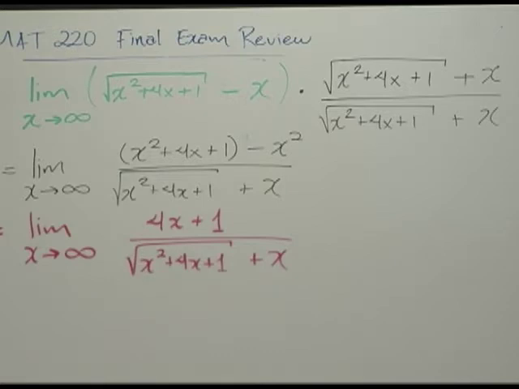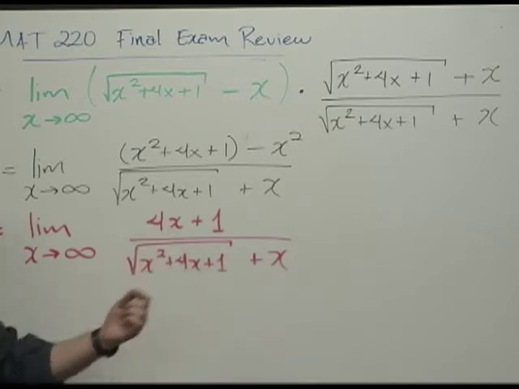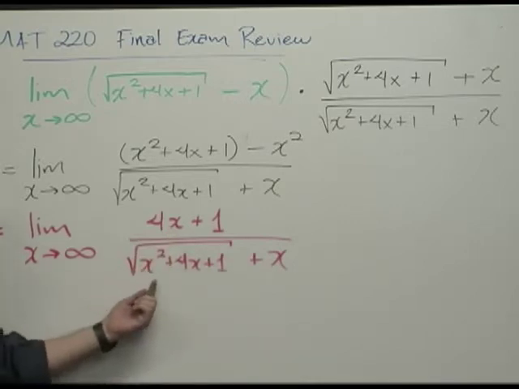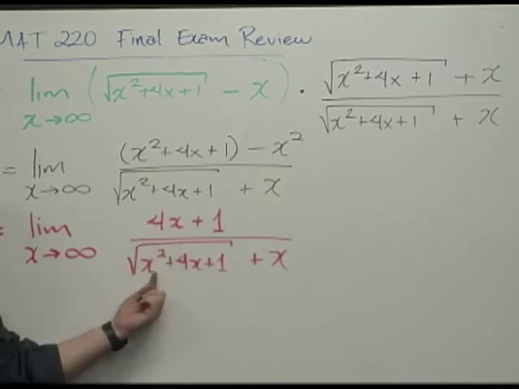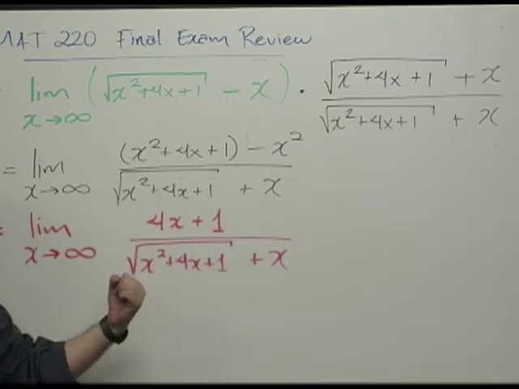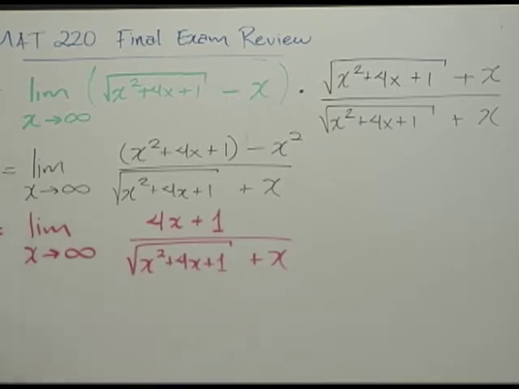Remember that one of the techniques used, aside, of course, from L'Hopital's rule, is you look at the powers. Here we go to infinity, so we could divide every expression by x. Inside the square root, we should be dividing, of course, by x squared.